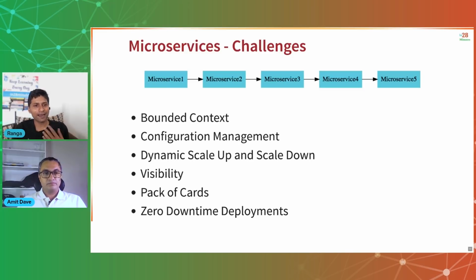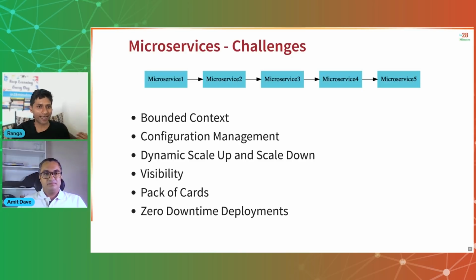The rest of the things are more related to the challenges with breaking down one big monolith into multiple ones. Instead of one deployable unit, I now have multiple deployable units. Earlier, maybe I have a dev configuration, a QA configuration, a staging configuration. I just have one set of configuration for each environment. It becomes easy to manage.